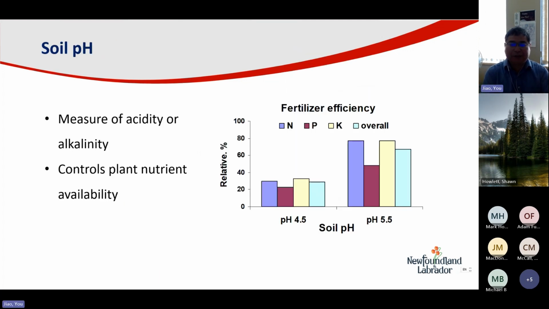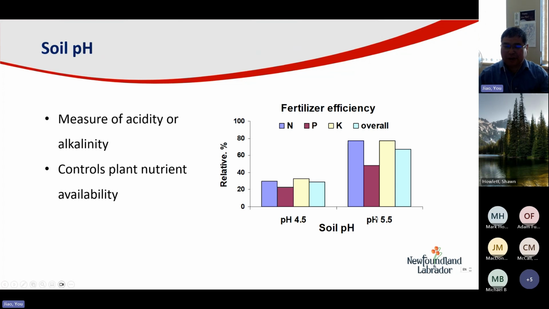And soil pH is considered the master parameter to measure soil fertility. It's a measure of acidity or alkalinity. It controls plant nutrient availability and fertilizer efficiency. If we have soil pH 4.5 compared to soil pH 5.5, the fertilizer efficiency increases at the higher pH.